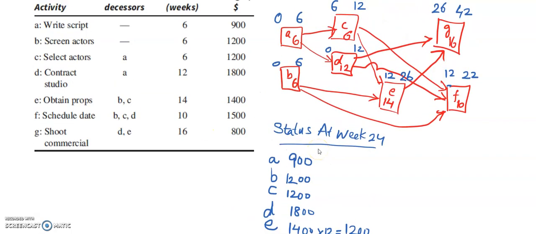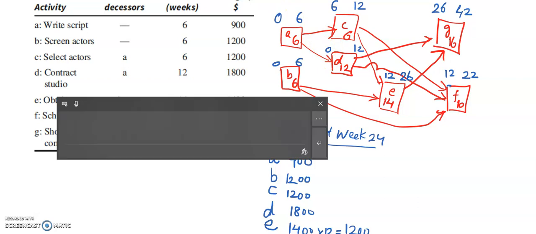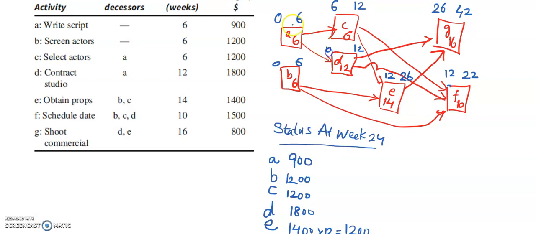Well, I have seen one mistake over here. The time for D should be 6 over here. 6 plus 12 is 18, and it will be 18 over here also, and 18 plus 10 is 28.